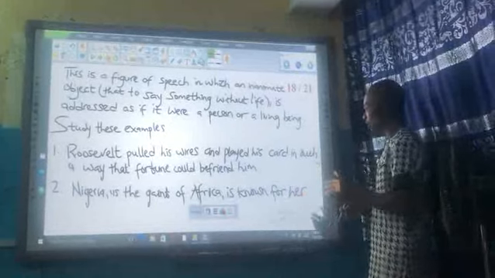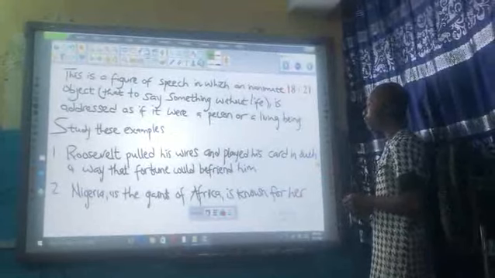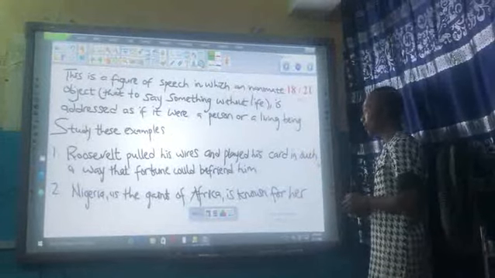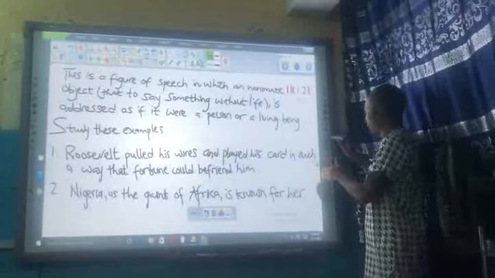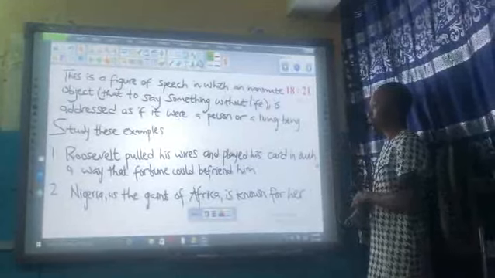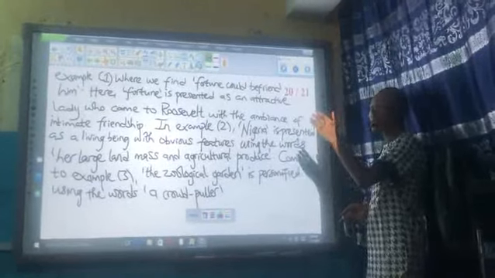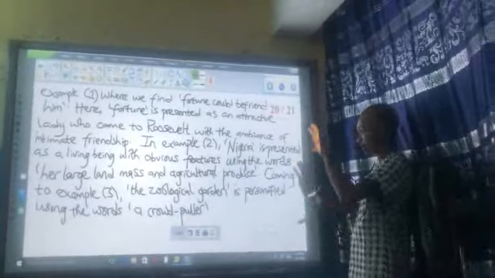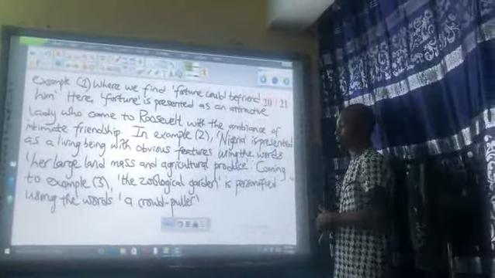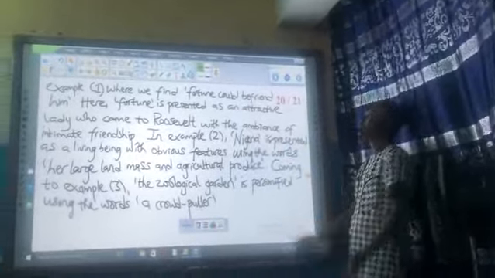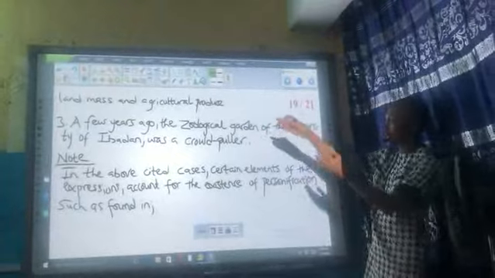Nigeria as the giant of Africa is known for that is her landmass. Okay, yes, we have it here. Just look at it: her large landmass, or her landmass and agricultural produce.